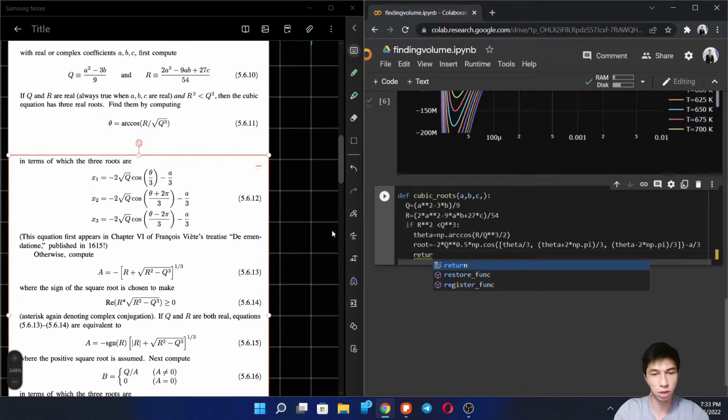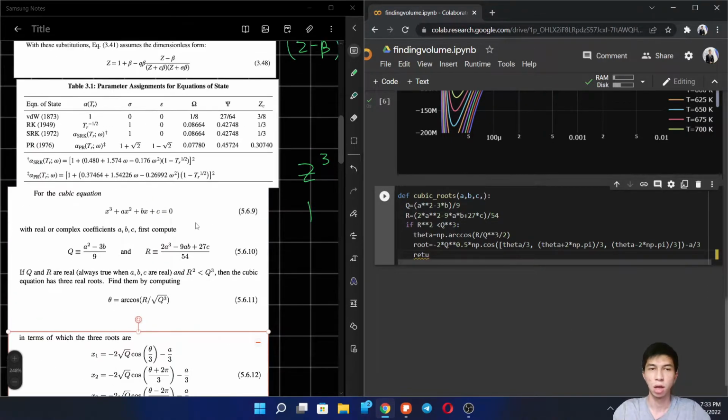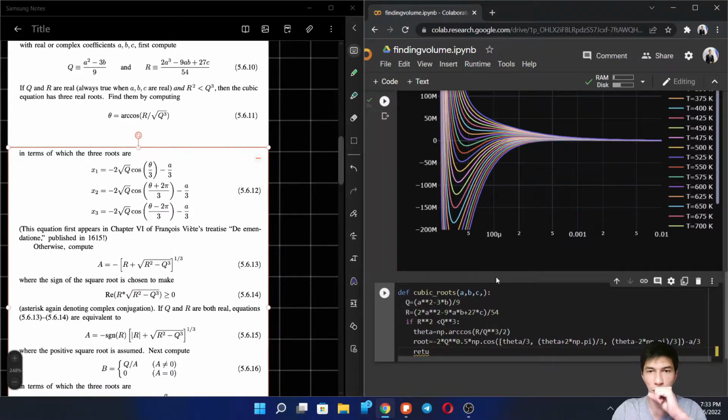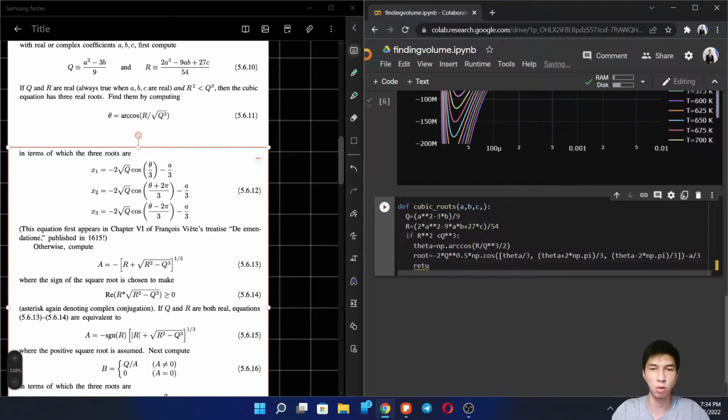So we're going to have to return, and here for our Cardano's method for our Maxwell construction, we're going to have to sort our volumes in increasing order. So we're going to have to start from the lowest to the greatest value.